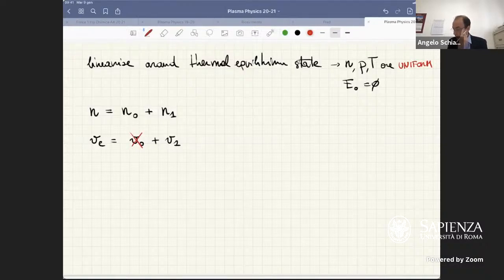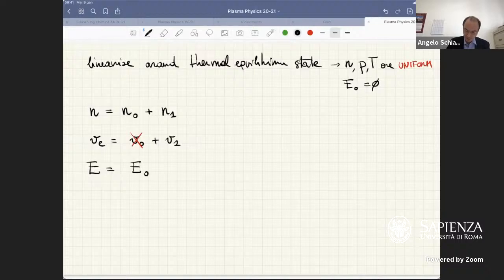This is the average velocity of the electrons. You know that there's thermal motion of the electrons, but the mean velocity is zero in the frame of reference of the fluid.